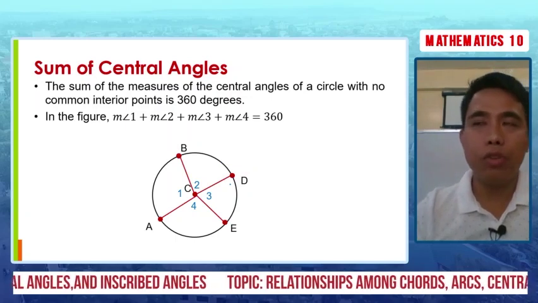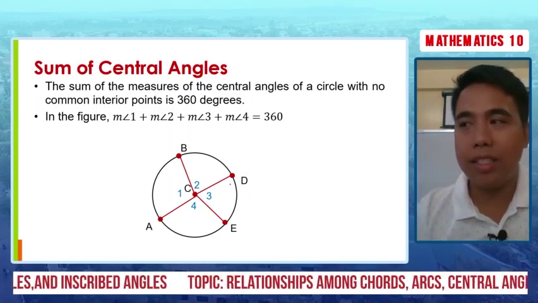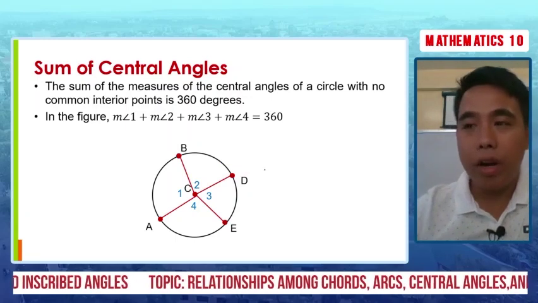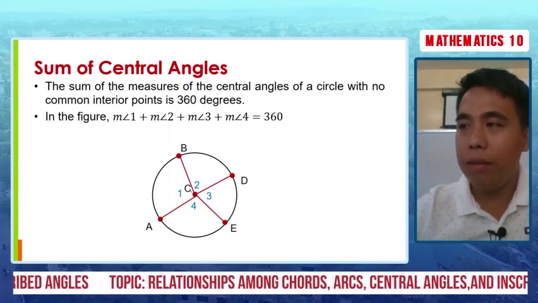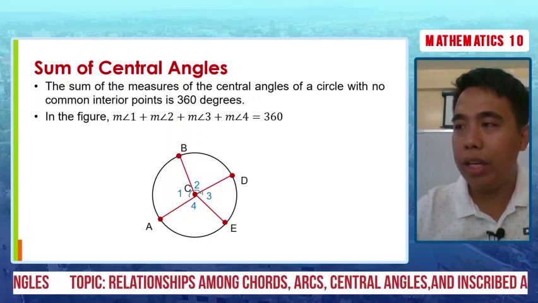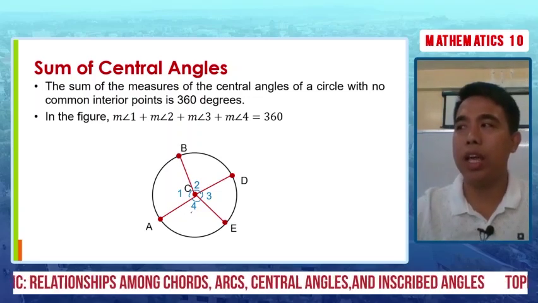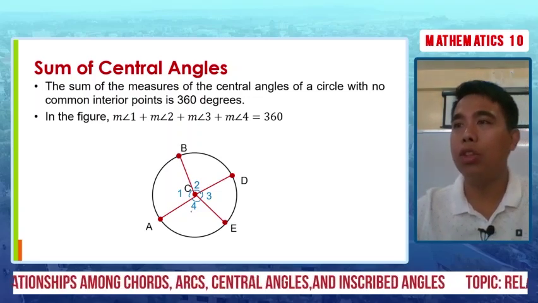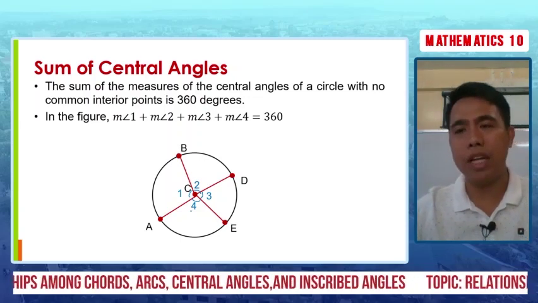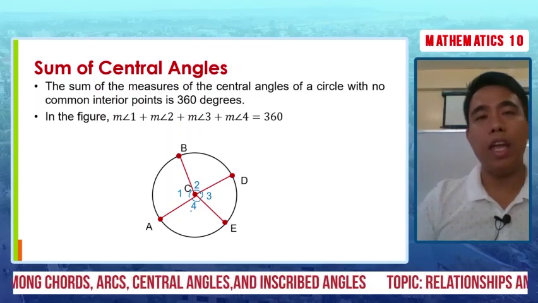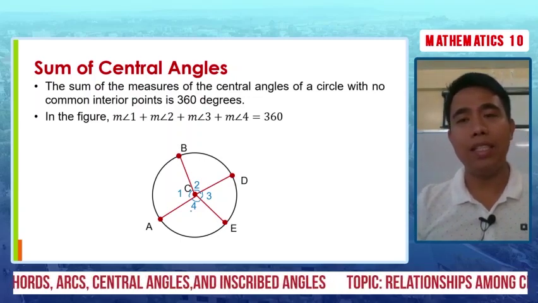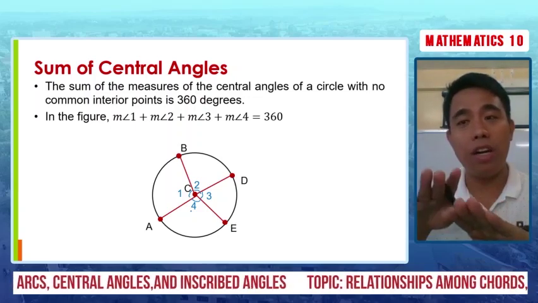Now let's proceed to sum of central angles. We have here 4 angles: angle 1, angle 2, angle 3, and angle 4. The sum of the measures of the central angles of a circle with no common interior points. Ano yung common interior points? Ito yung mga angles na hindi overlapping.